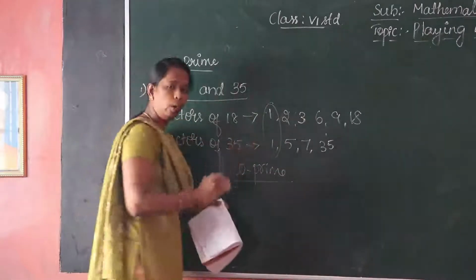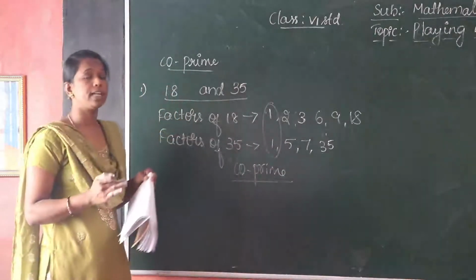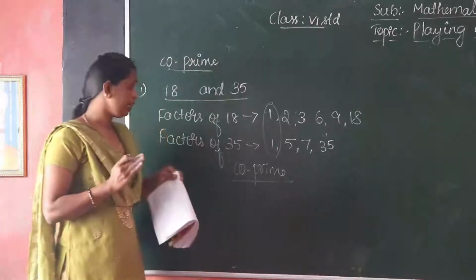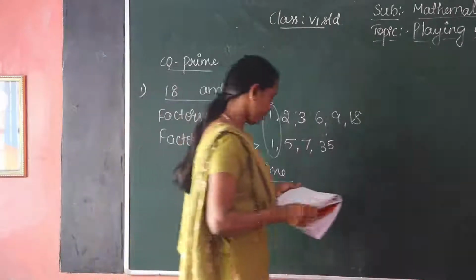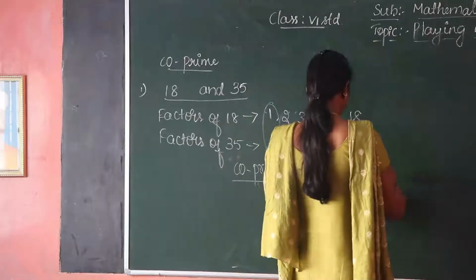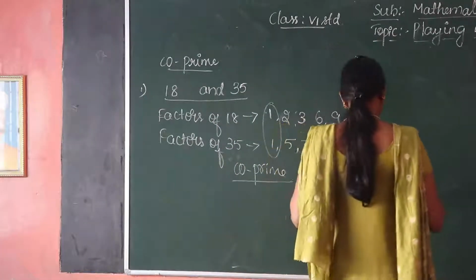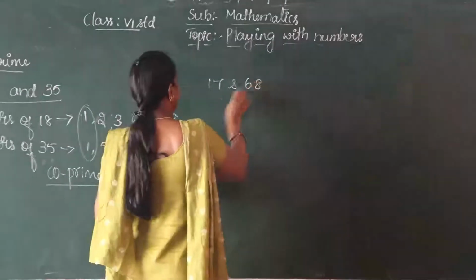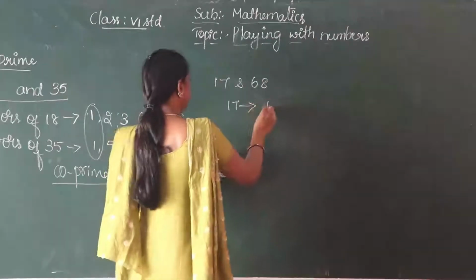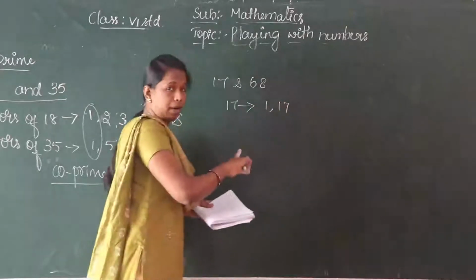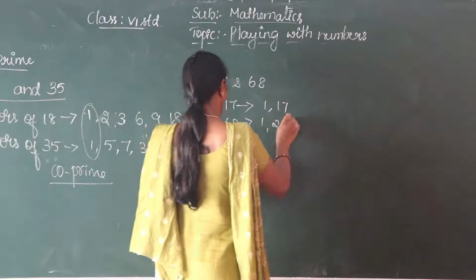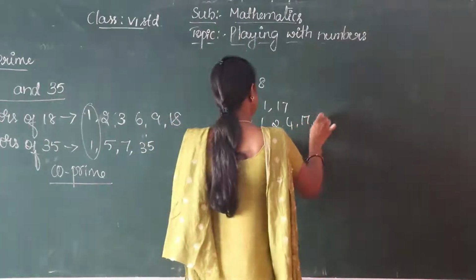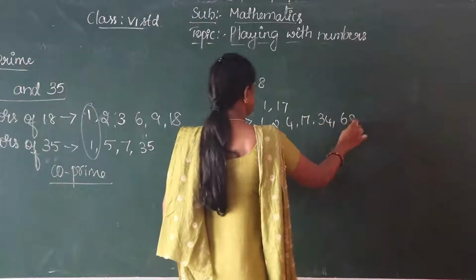So if only 1 is the common factor, since 1 is a factor of every number, then the given numbers are called co-prime numbers. And if I take some numbers, for example 17 and 68, the factors of 17 are 1 and 17 because it is a prime number, and for 68: 1, 2, 4, 17, 34, 68.